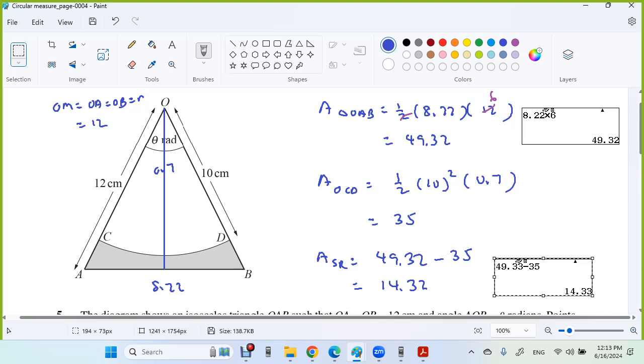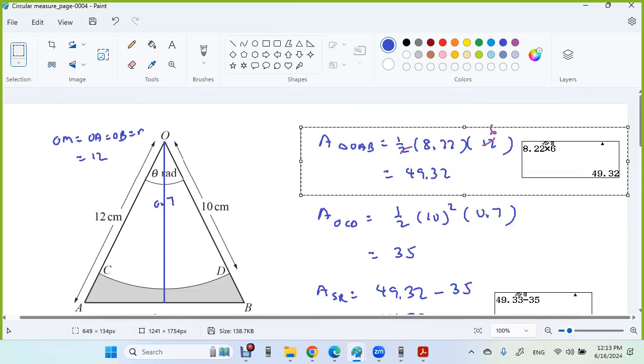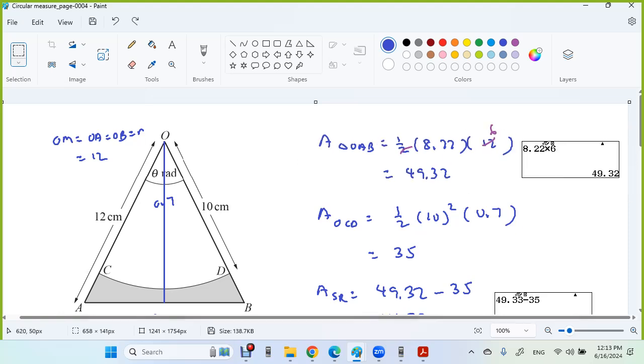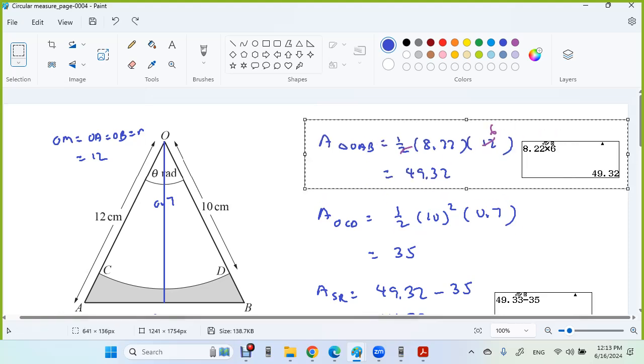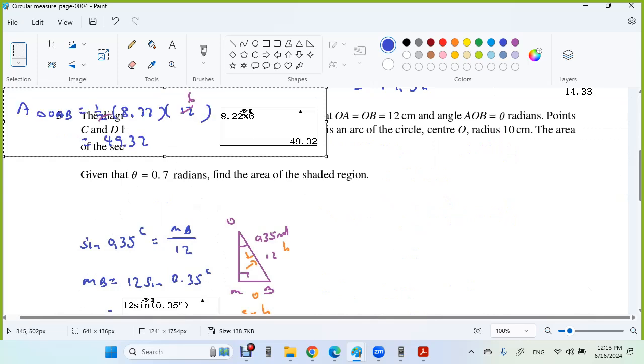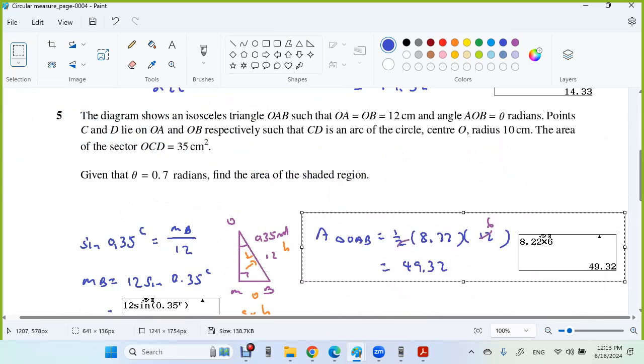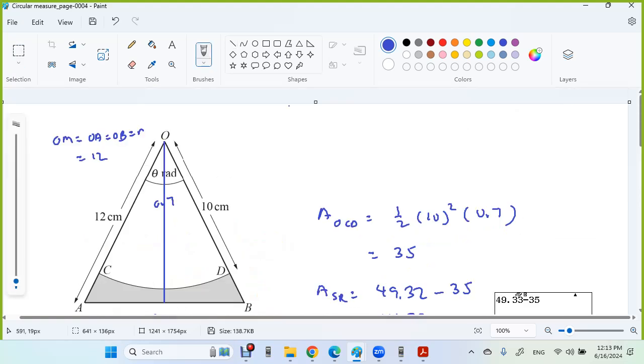Actually, for the area of triangle, we have an easier way to find it. We can use the formula to find the area in the formula sheet.